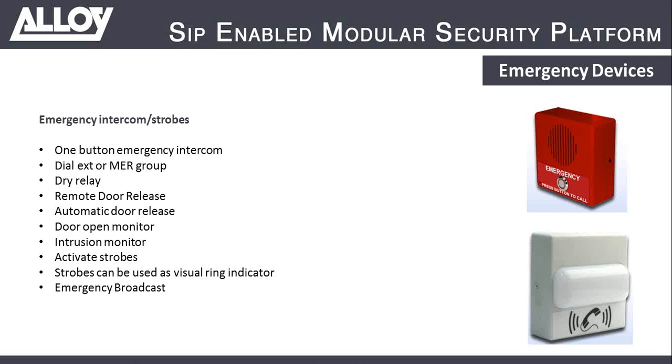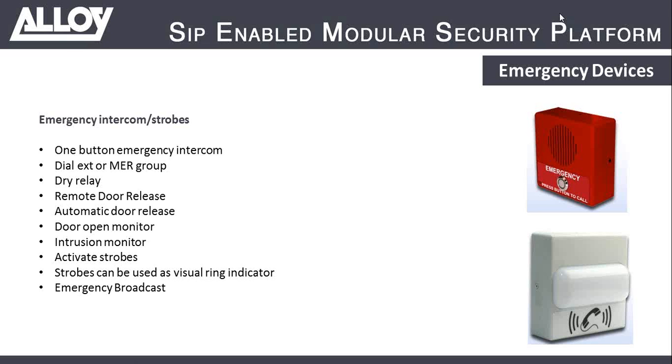On top of that, from CyberData, we have a number of products that we've carried for some time, but I'm not sure how many of you are aware of them. And again, SIP-enabled devices. So we have a number of one-button intercoms, including the big bright red emergency intercom, which is simply a SIP telephone, if you like, with some other capabilities around it.